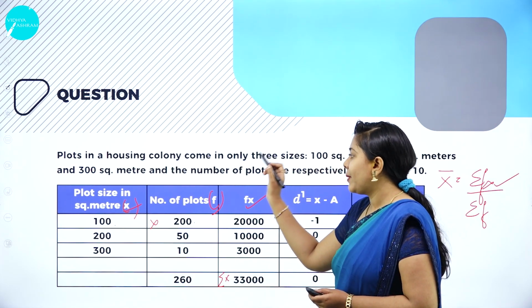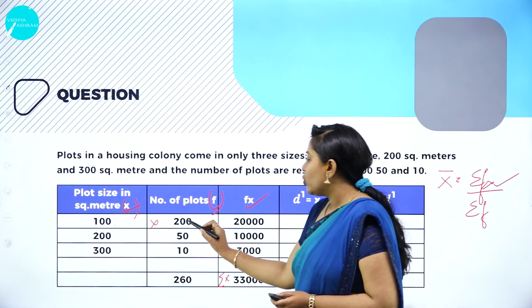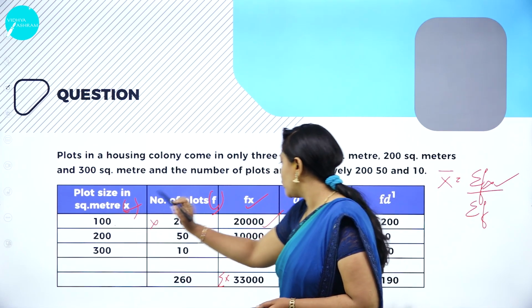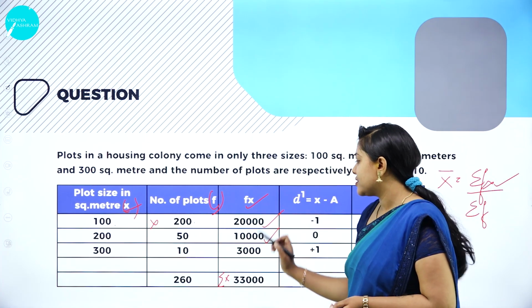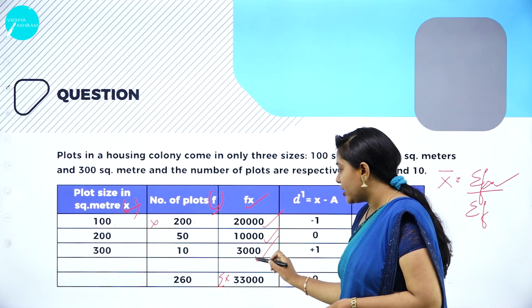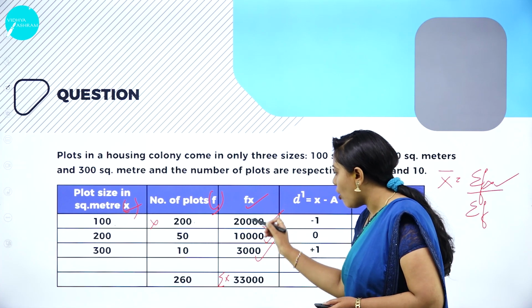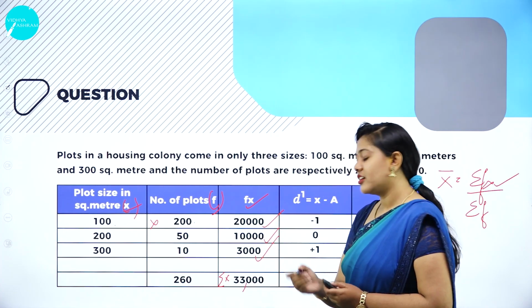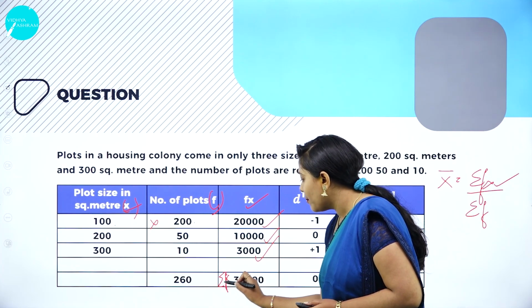So if you multiply f and x, you get fx. 200 into 100 is 20,000, 50 into 200 is 10,000, and 10 into 300 is 3,000. When you add all these numbers, you get 33,000. This 33,000 is sigma fx.